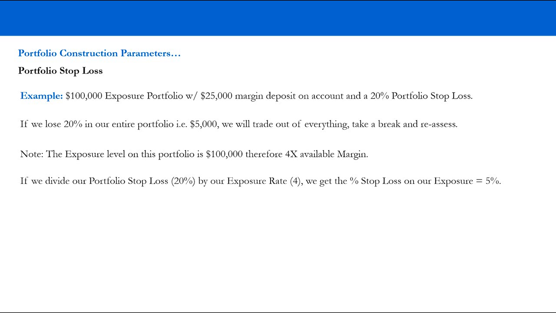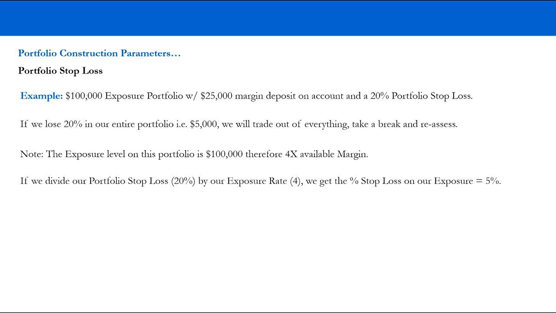So 20% on our margin, not on our exposure. So if we lose 20% in our entire portfolio, so 20% of our margin, so $5,000, what we're saying to ourselves is we will trade out of everything and we'll take a break and reassess.